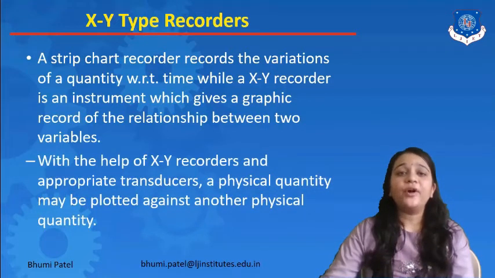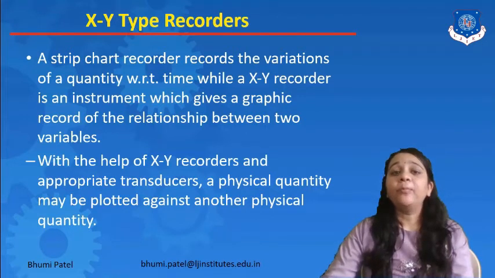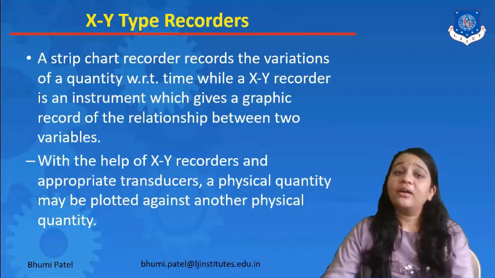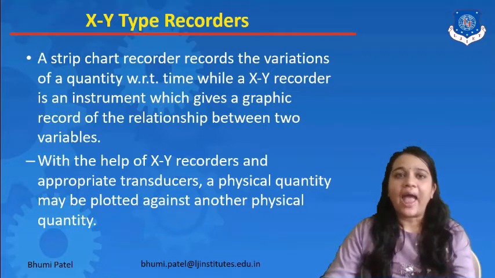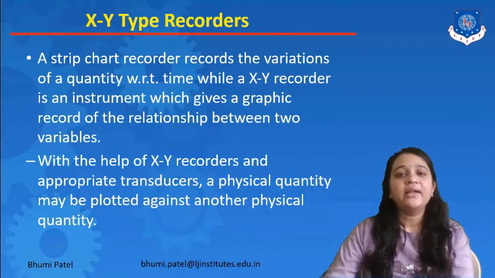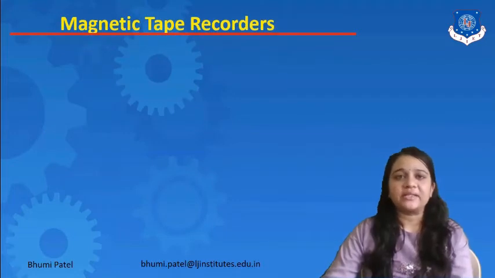With the help of the XY recorder and an appropriate transducer, a physical quantity may be plotted against another physical quantity. So in the XY recorder, we cannot plot the graph with respect to time. On the x-axis there is one physical quantity and on the y-axis there is another physical quantity. So this is the XY recorder.